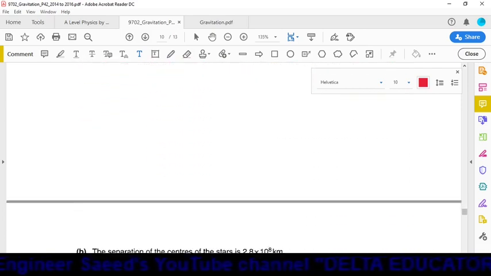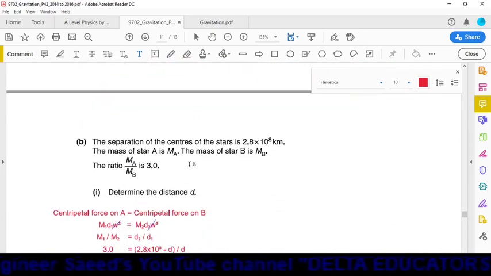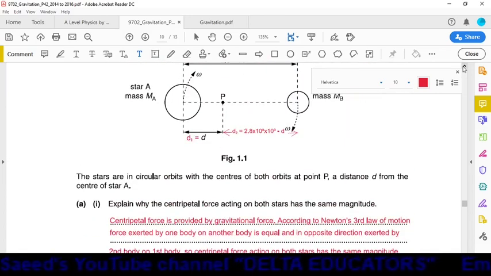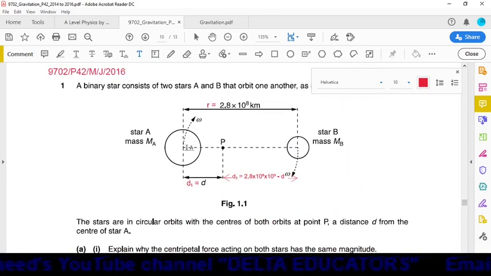Next part. The separation of the centers of the stars is 2.8 into 10 power 8 kilometer. Separation of the centers of the stars means from this point to this point, it is given 2.8 into 10 power 8 kilometer, and this we have represented by r.